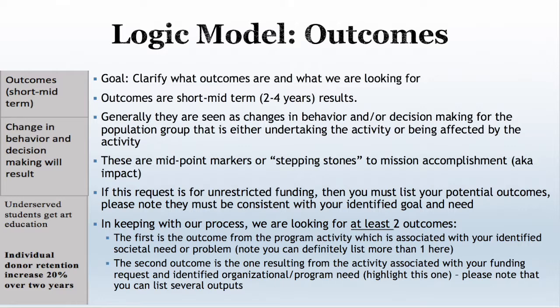So in our example, our outcome related to our societal need or problem being addressed is the underserved students get art education. The outcome related to our specific funding need is that individual donor retention increases 20% over 2 years. So the change in behavior is that donors have decided to continue donating year after year.